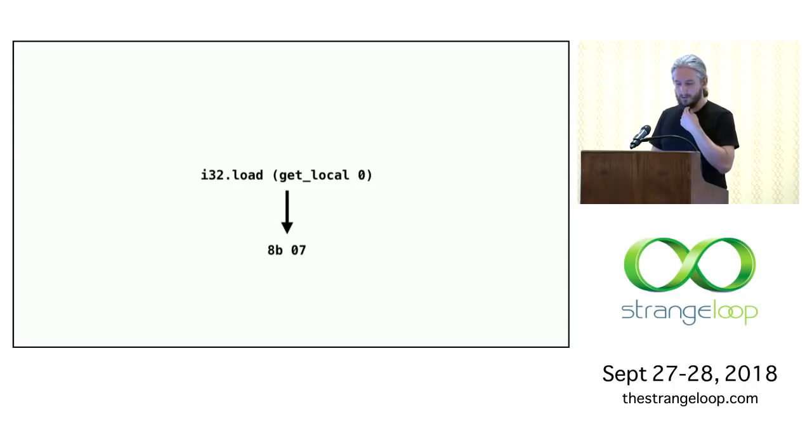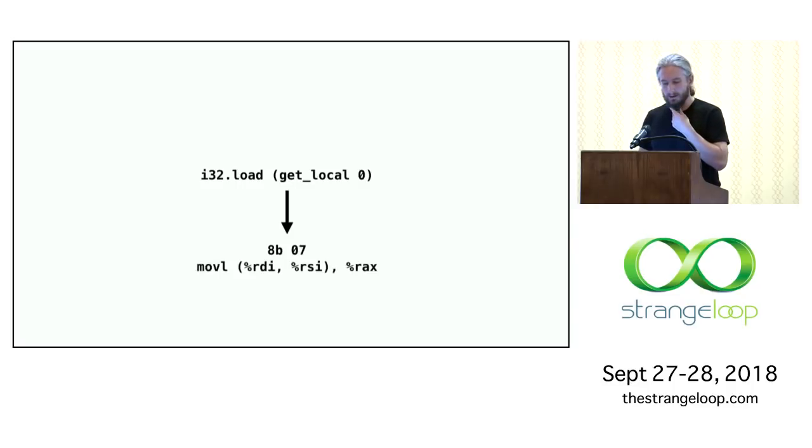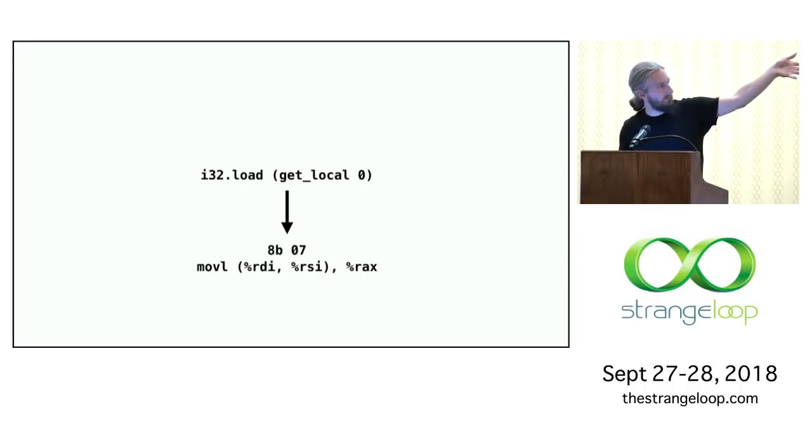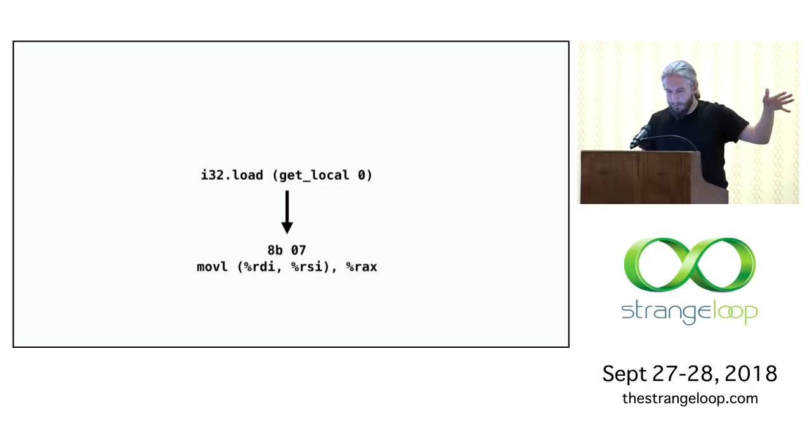What this ends up looking like is the machine code 8B07, which becomes this. Again, we are vectoring through the VM context and putting the result in RAX. However, we also need to be able to bounds check this, right? That's the other key part that makes running this code safe: all of the memory operations that we do are bounds checked.